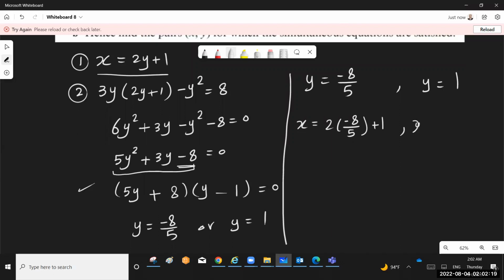And by using a calculator, you can find the value of x in simplest form: negative 16 over 5 plus 5 over 5, which is negative 11 over 5.